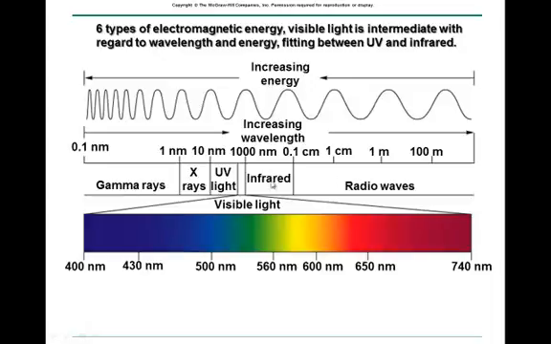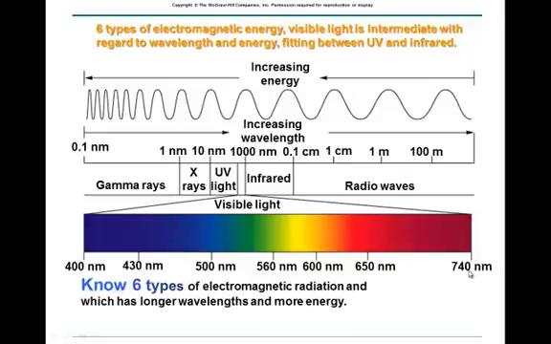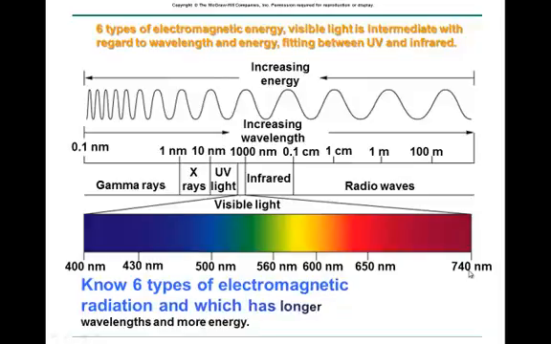And then below visible light in terms of wavelength is infrared, which means below red, and UV, ultraviolet. Ultra means above violet. And so then right in here we see visible light, and then X-rays are there. So I want you to really know the 6 types of electromagnetic energy and know which has longer wavelengths and has more energy and how they fit. So you should kind of know that order, if you will.